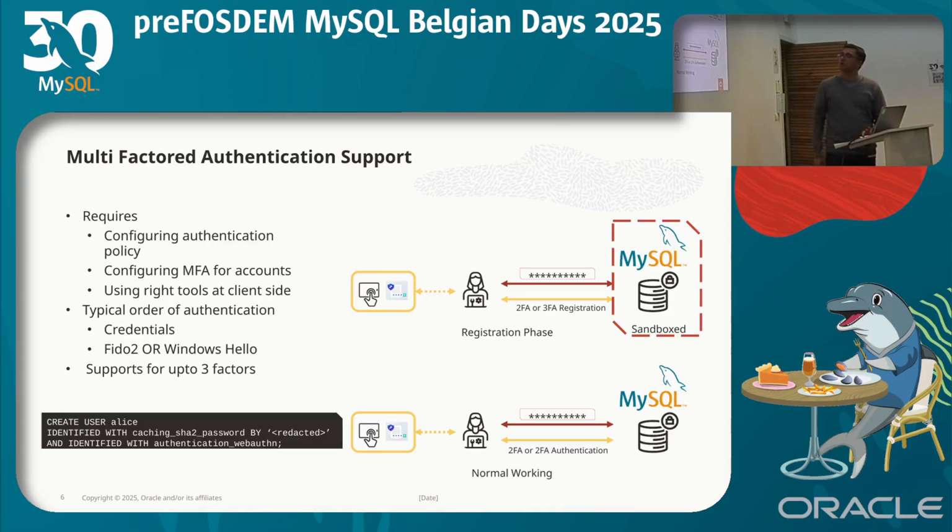Once that is done, every time the user logs in, the user has to provide a password. If the password is correct, the user will be prompted to provide the second factor authentication credential, which is probably a YubiKey. So you touch your YubiKey, or if it's Windows Hello, you touch the fingerprint sensor or enter a PIN on your Windows device, and then the system allows you to go through.